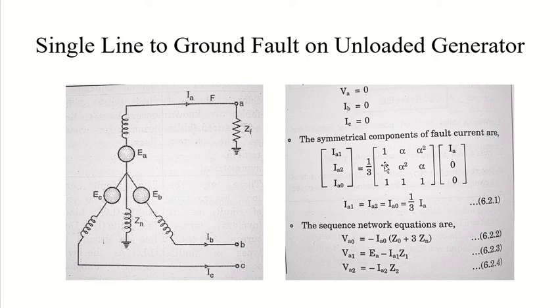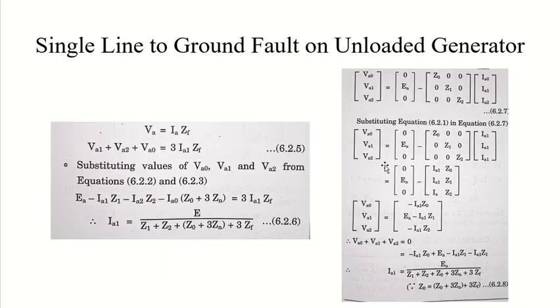Now, there will be some voltage across the fault, right? We can write this faulty phase voltage in terms of symmetrical components as well. So what is the value of my fault voltage?